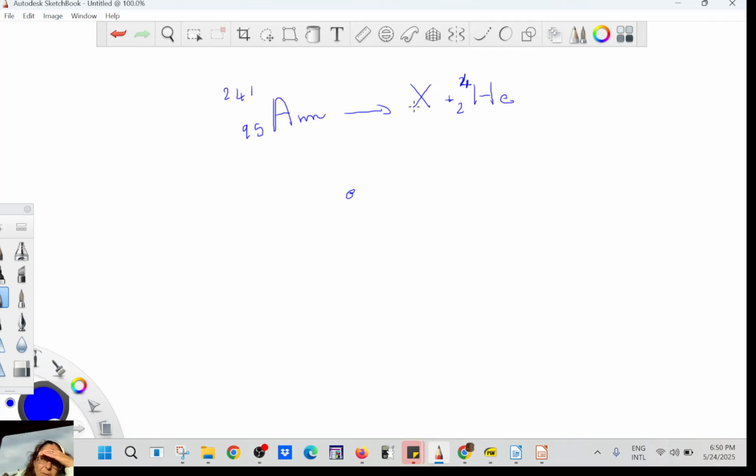Can you find this nucleus here? That could also be a question. So to get to 95, you need a 93. To get to 241, you need a 237. That's here. And you don't need to know that unless you can use the periodic table. This is called neptunium, which is also radioactive, very unstable. So it's going to be called neptunium 237.